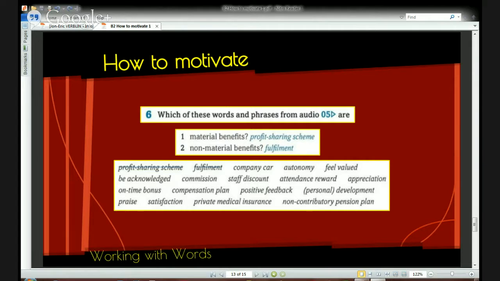An employee of the company can get a non-contributory pension plan. True, but who doesn't pay? I think the company. No, the employee. I think it's the employee, because the employer will provide this. Yeah, and I can double check.